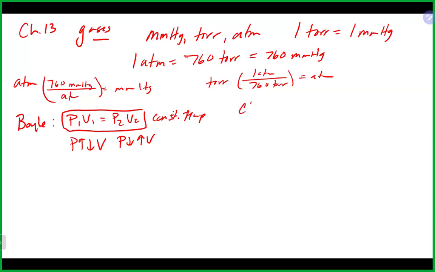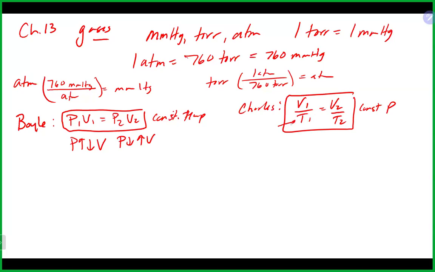We also saw, I think, Charles' law, and that is V1 over T1 equals V2 over T2. This is at constant pressure in this case. And here, like all gas laws, temperature does need to be in Kelvin.